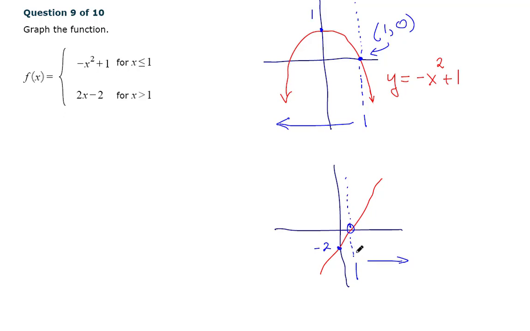What about here? I'm chopping this one at 1. Let's see, where is that one? Well, let's see. Plug in 1, and then what? 2 times 1 is 2. 2 minus 2 is 0. Hey, they're going to match up. Closed dot, open hole, matching up. So I've got this piece, everything to the left of 1 of the parabola, and I've got this piece of the line, and they're matching up at the dot.